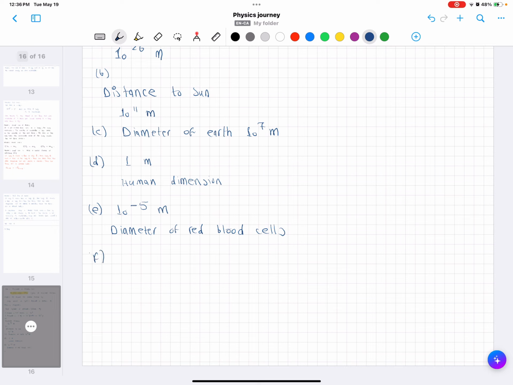And F, 10 to the power of -10 meters is the radius of an atom. And 10 to the power of -14 meters is the radius of an atomic nucleus.